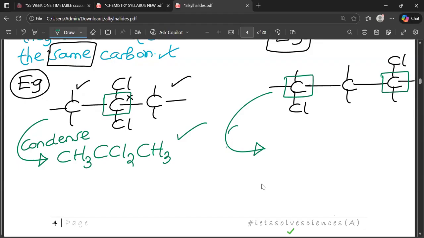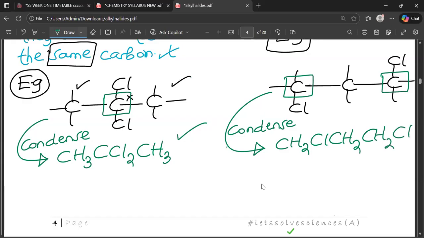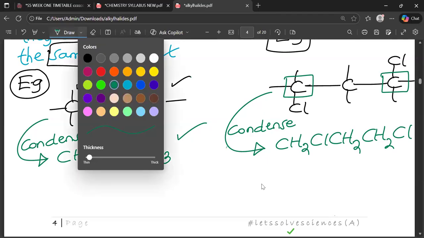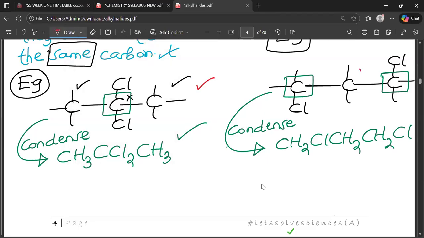Then if I'm also to condense this, what will I have? CH2, the carbon has 2 hydrogens, having Cl, then this carbon in the middle has 2 hydrogens, so CH2. Then the last carbon also has 2 hydrogens with the Cl. That's if you're to condense. But you could also expose the bonds, which is not so necessary. Always teach yourselves to condense, apart from those cases where we emphasize not condensing.